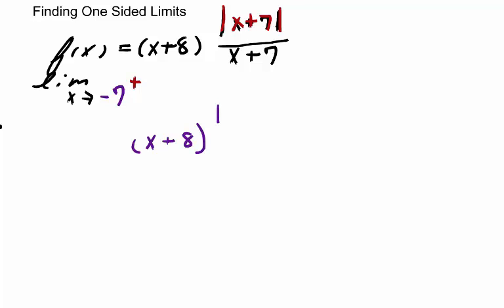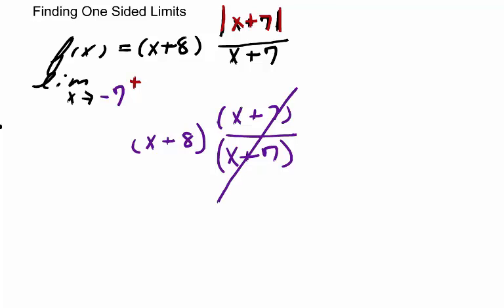x plus 8 times x plus 7 divided by x plus 7. These values cancel out to 1.